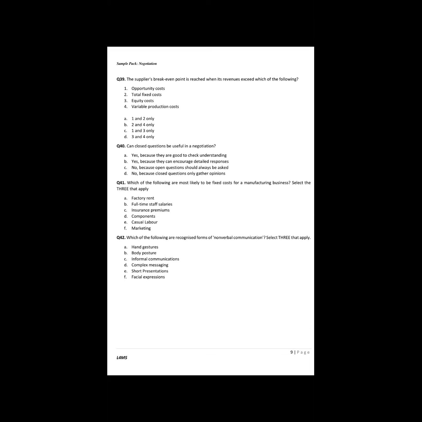Opportunity cost, total fixed cost, variable production cost, equity cost. We are choosing two. Total fixed cost and variable production cost. The two give you the total cost.